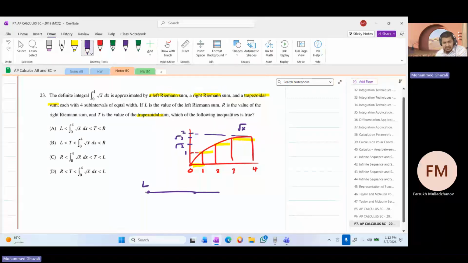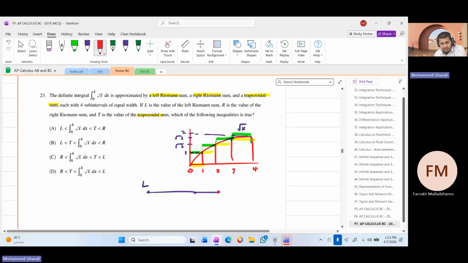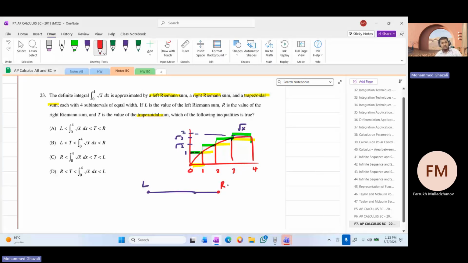Now, if I use the right Riemann sum, I'm over approximating, so the right will go there. The left is at the bottom.